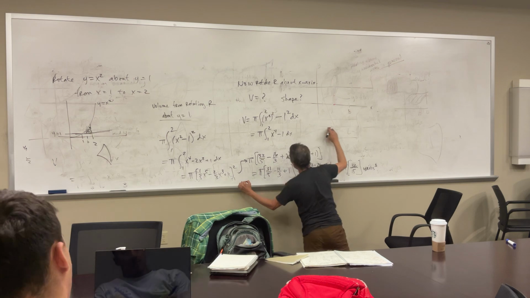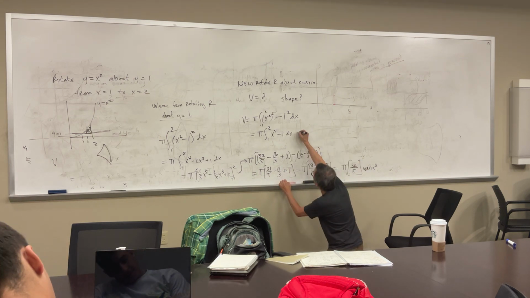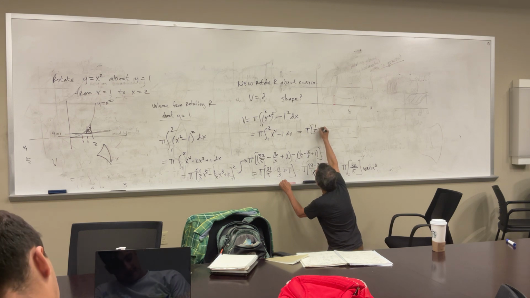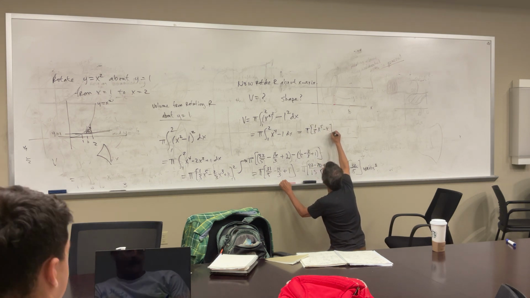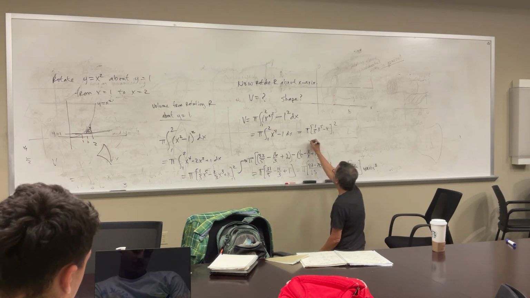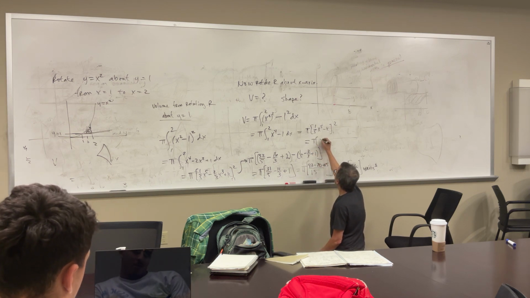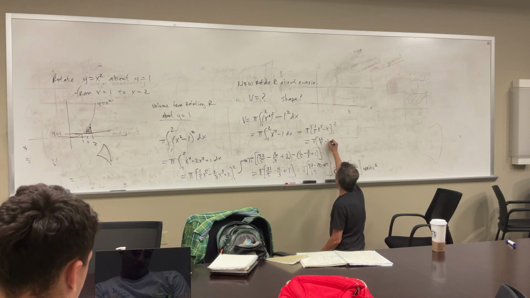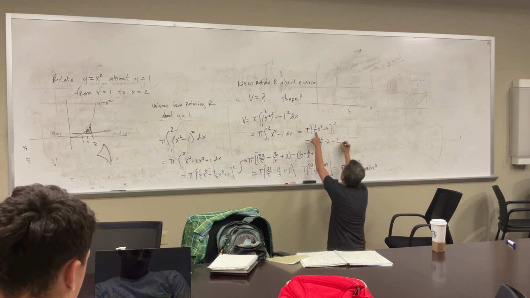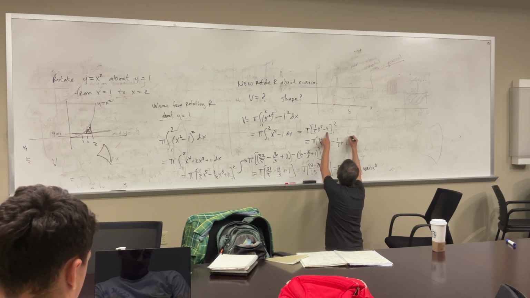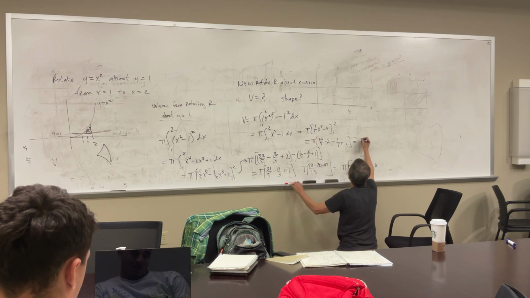I kind of want to see how the volumes compare. So this is pi times 1/5 x to the 5th minus x, from 1 to 2. Okay, we've done worse. So this is pi times 32/5 minus 2 minus 1/5 plus 1. And so then what do we got here?